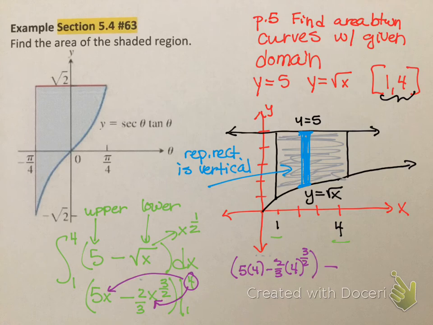minus, let's plug in 1 now, 5 times 1 is just 5. 1 to the 3/2 power is just 1. And 1 times 2/3 is 2/3. So I will have 20 minus square root of 4 is 2. 2 cubed is 8.